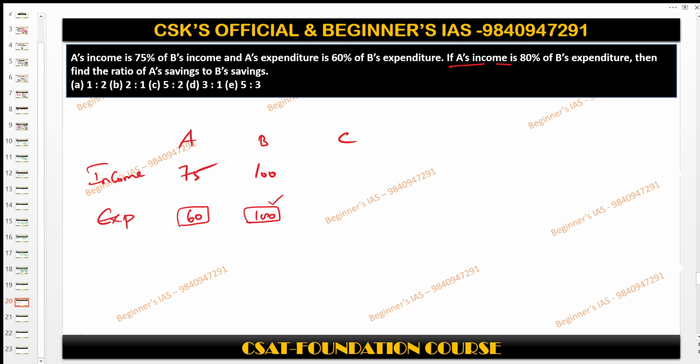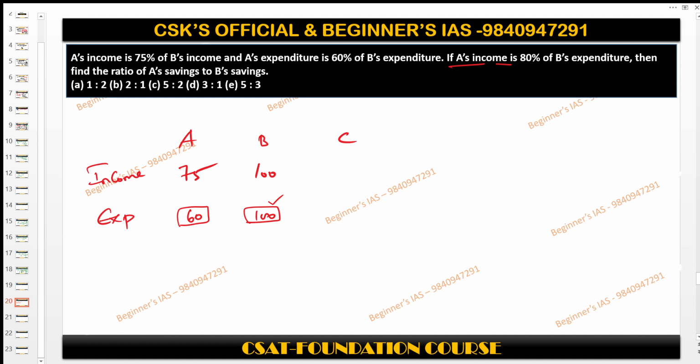Our question is dealing with if A's income is 80% of B's expenditure, then find the ratio of A's saving to B's saving. So actually what is the saving? Just tell me, income is equal to what? Expenditure plus saving. So that is the logic here.